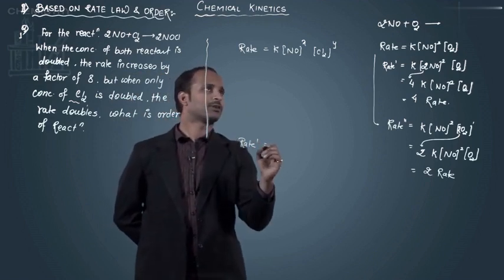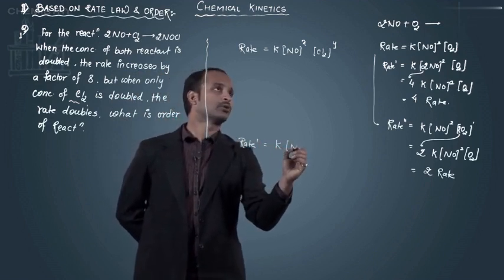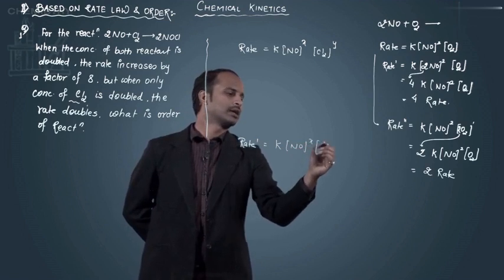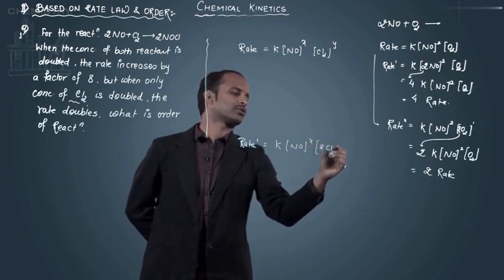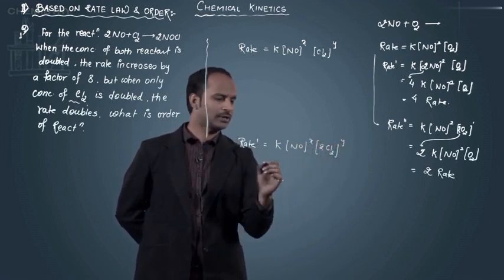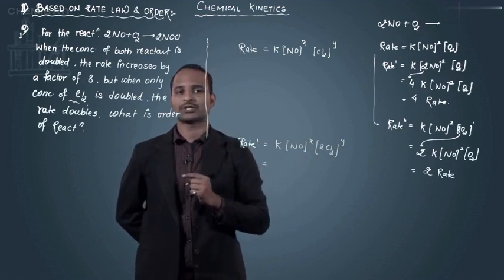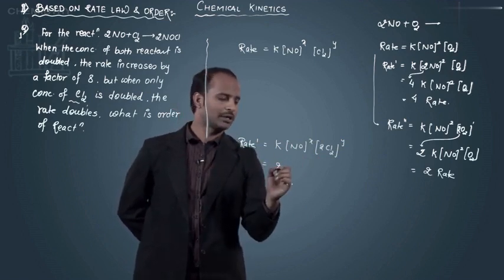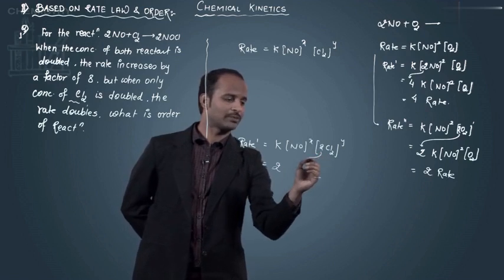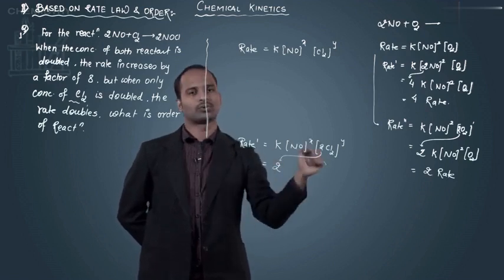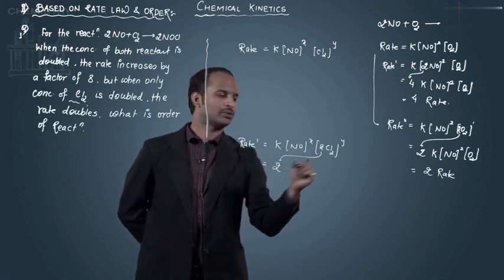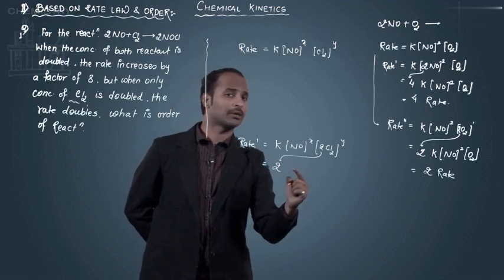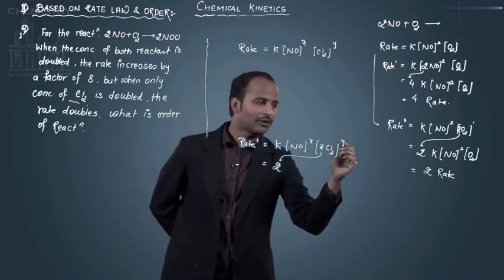So rate will change if I'm doubling it. So NO raised to x, and it is given that if I'm doubling the concentration of Cl2, raised to y, then how many times does the rate of reaction change? 2 times. And the rate of reaction changing 2 times means which number is coming out? The 2 is coming outside. 2 coming outside means there is no change in the number. So what will be the value of y?